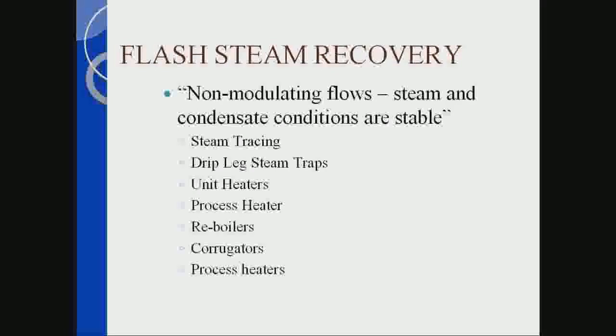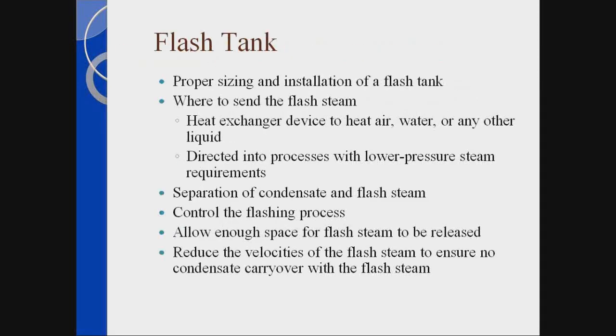All examples of steam flows that do not modulate, that we can send back into a pressurized return system or a cascade system. The thing is, directing these flows back into a cascade system or a thermocompressor system, we must basically separate the condensate from the flash.